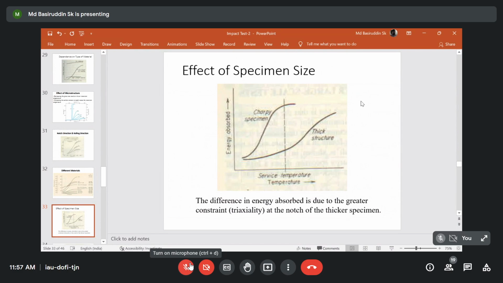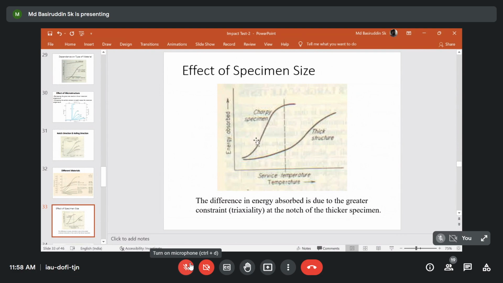Overall, people have found that if you have a very thick material and you measure the impact transition curve, then whatever curve you drew following the earlier test like the Charpy impact test will be situated far below that curve.